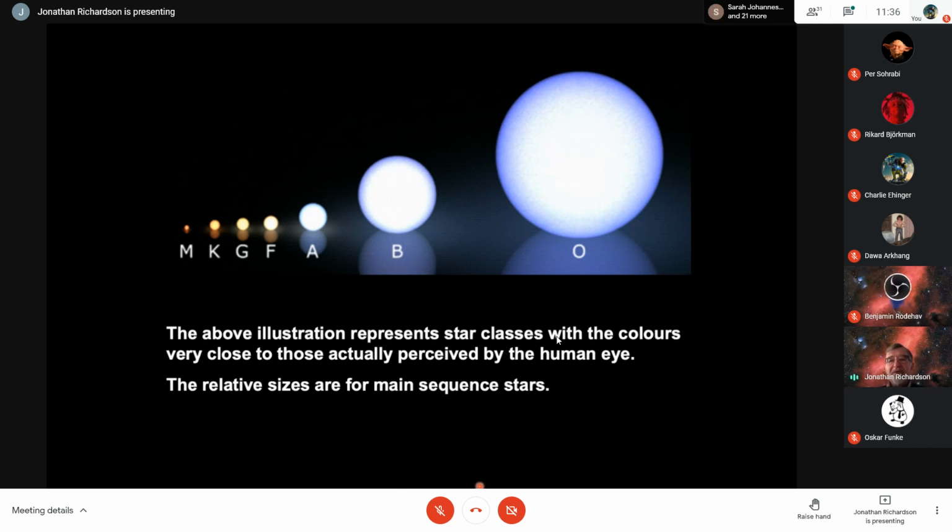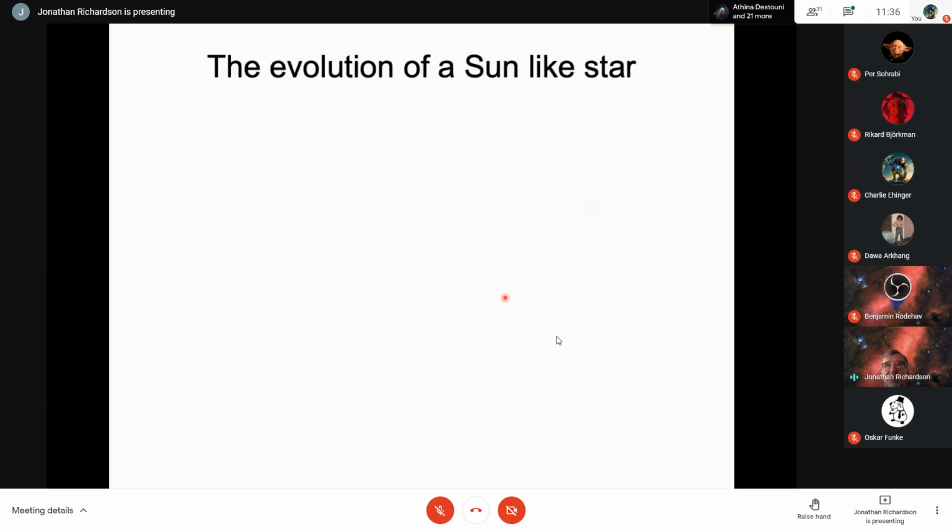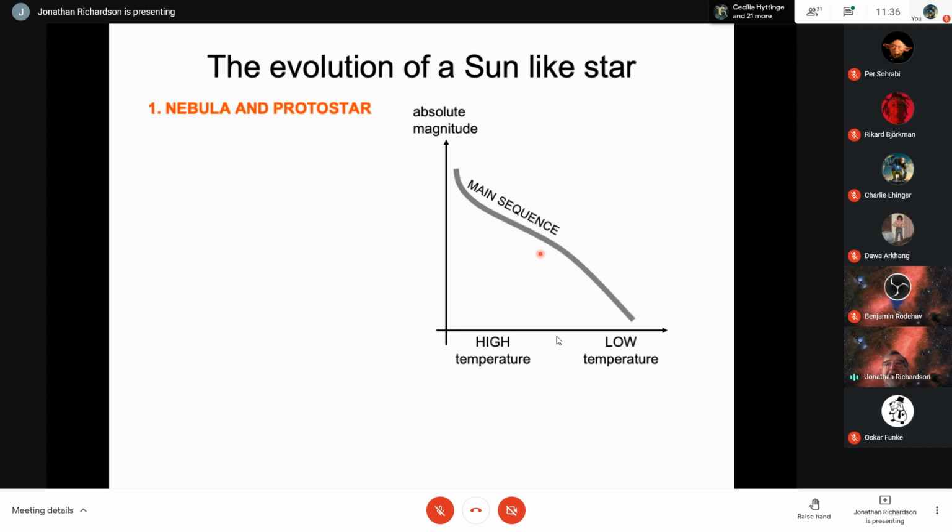Now, all representation is useful for us, but there are some significant differences between these representations. And one of the things that I would like to go through now is just to see how this process occurs in relation to the main sequence.